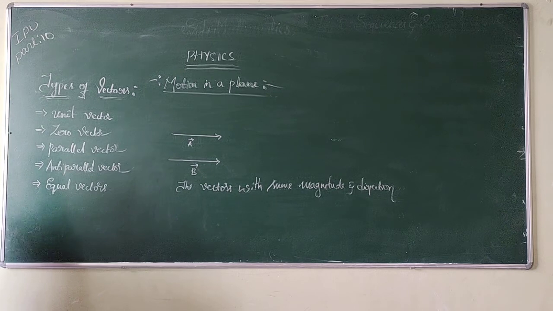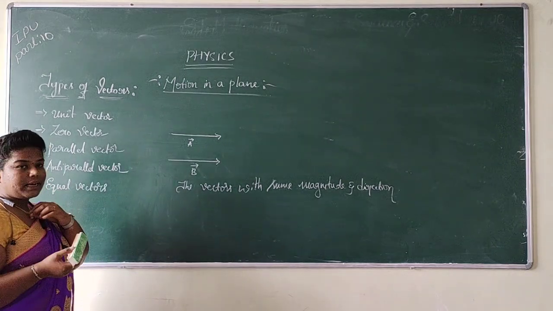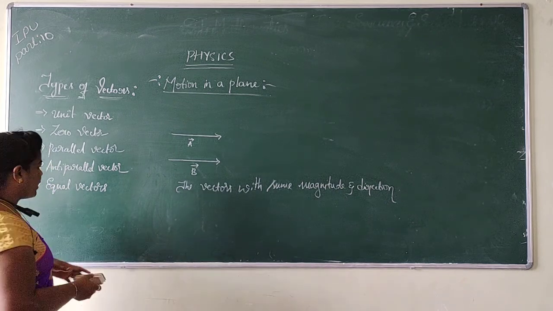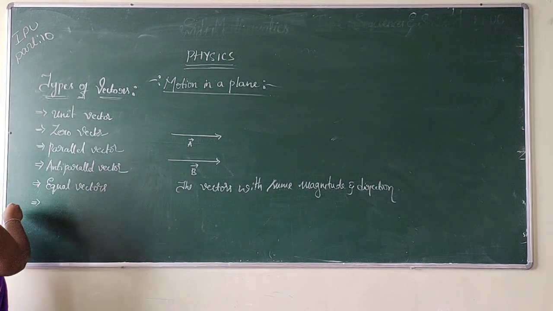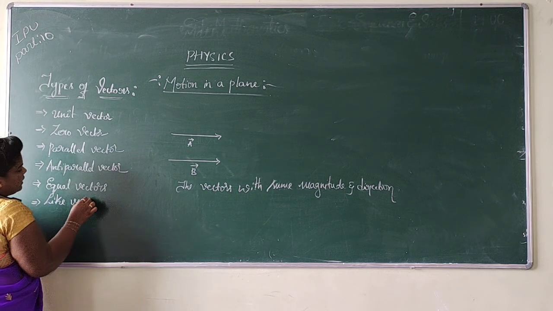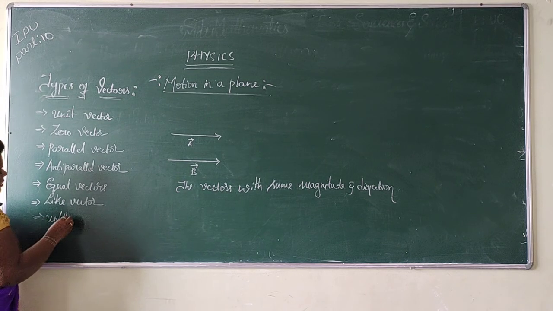And dear students, we have two other types of vectors, like and unlike vectors. Don't confuse parallel, equal, like and unlike. So like vectors are there and another one is unlike vectors.